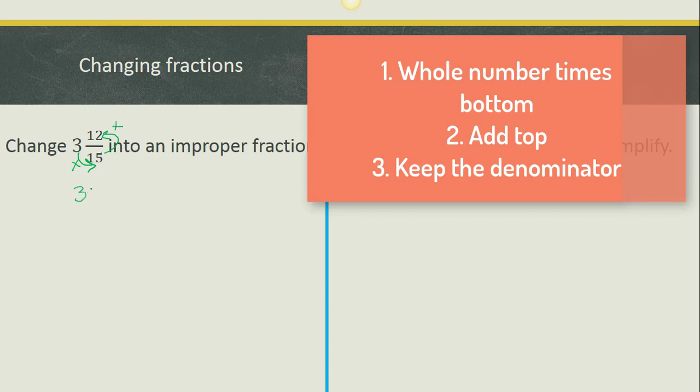So that's 3 times 15 plus 12. 3 times 15 is 45 plus 12. That's equal to 57. And don't forget to put the original denominator in, the 15. So 57 over 15.